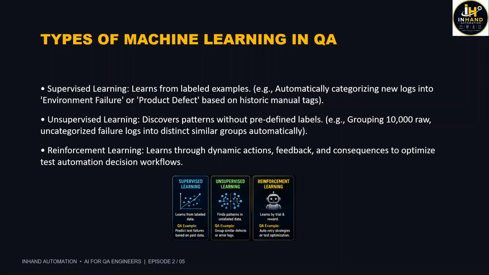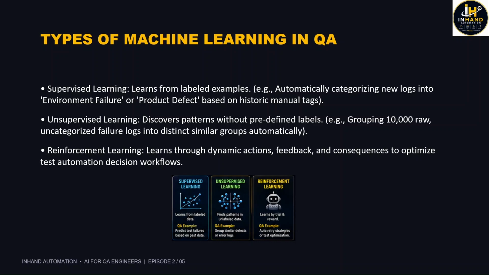Suppose Rahul gives historical data to a system and every example already contains the answer. For example, test execution 1, environment failure. Test execution 2, product defect. Test execution 3, automation failure. Test execution 4, test data issue. So the system has both the input information and the correct category.